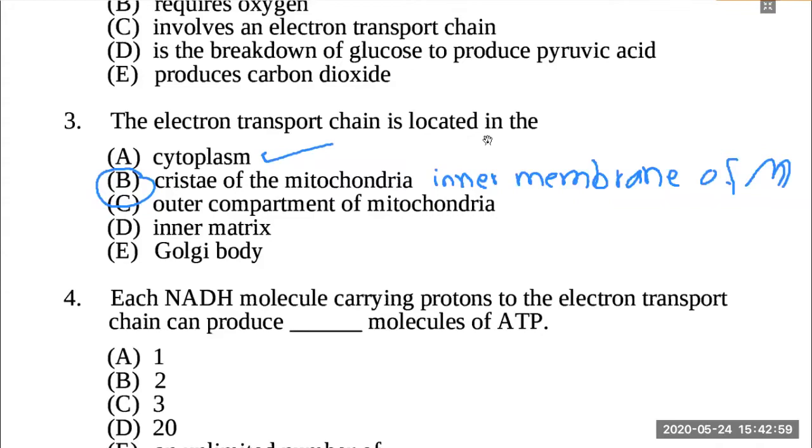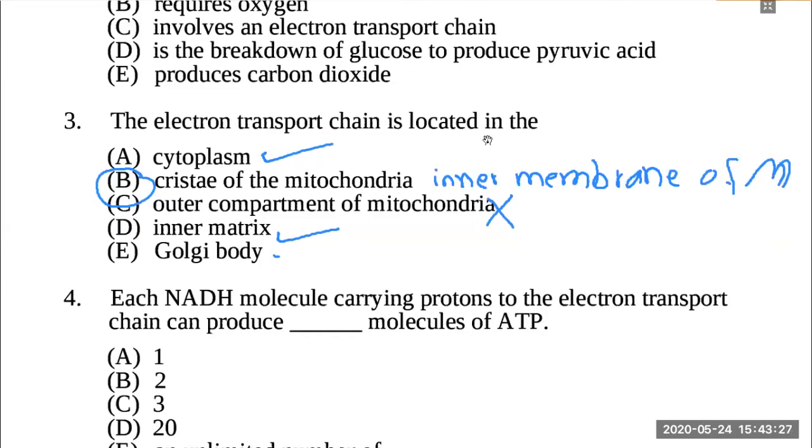Inside the cytoplasm, we know that glycolysis takes place. In the outer membrane of mitochondria, we don't have anything. In the inner matrix, the process of Krebs cycle, or we can say the citric acid cycle, will take place. And Golgi body is an organelle which is responsible for sorting, modifying, and packaging protein.